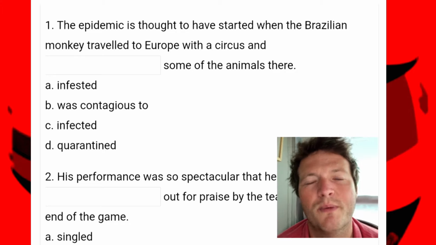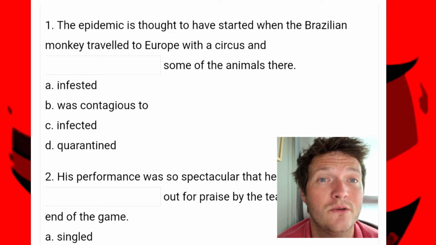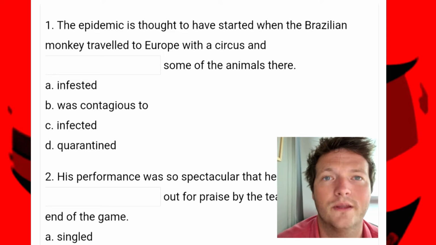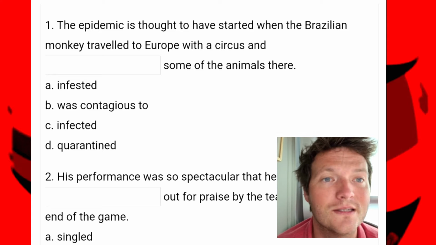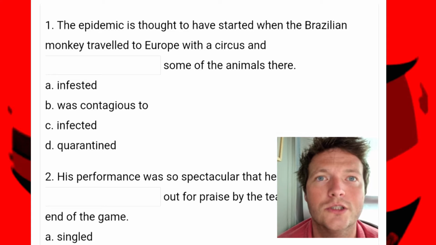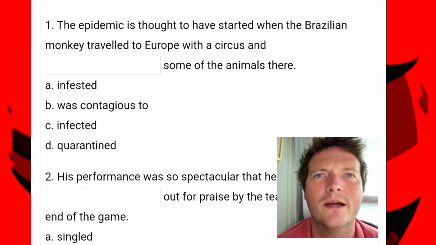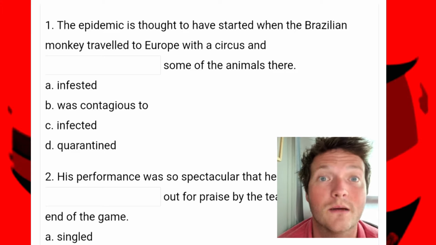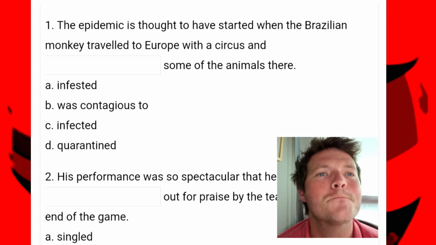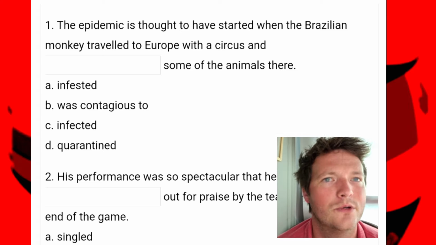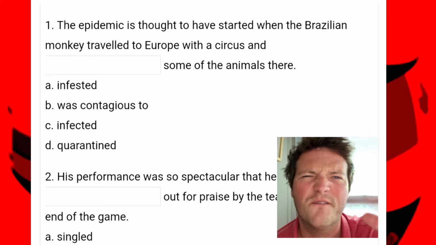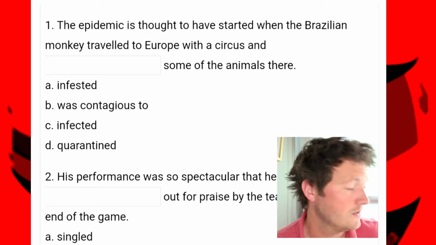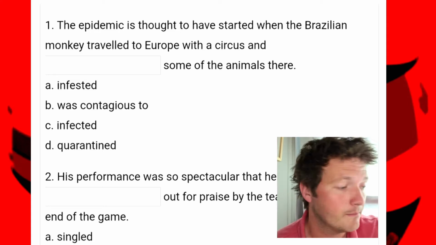Sometimes people get infested and infected confused, but I would go for infected. I'm not going to write the answers in there because you can see what I'm saying. I'm saying C, infected, and I will check the answers after each 10 sentences. Infested, obviously, we say that a house is infested with termites, for example.